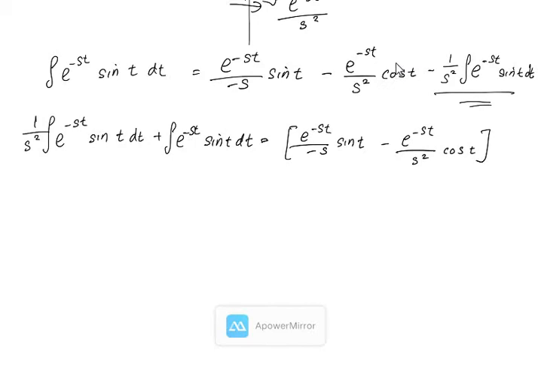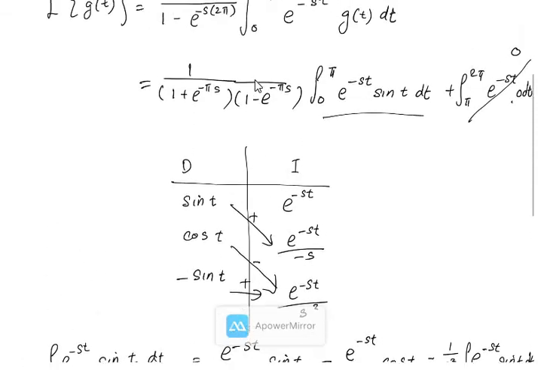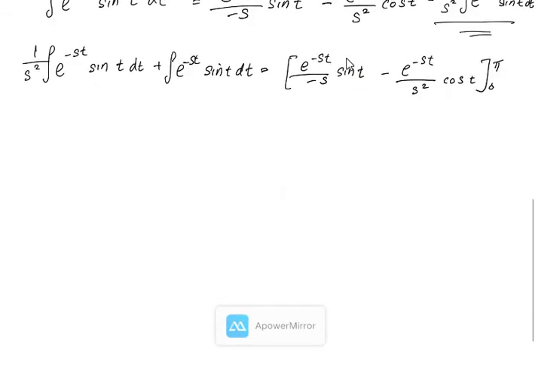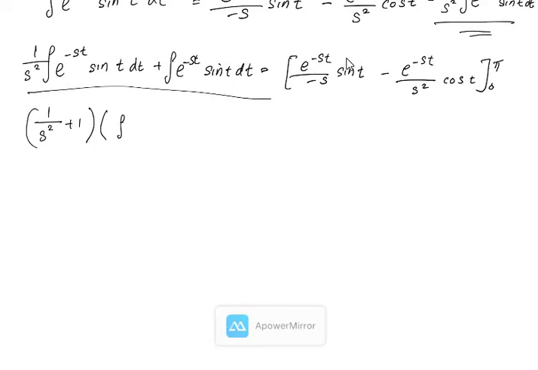And the limit is from 0 to pi, because it's from here, 0 to pi. Now I factorize this part, I get 1 over s squared plus 1 multiplied with the integration of e to the negative st sine t dt.